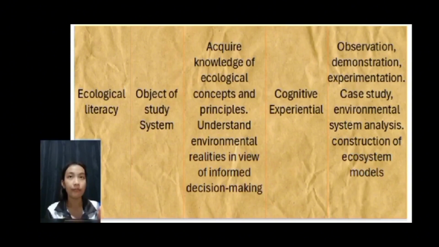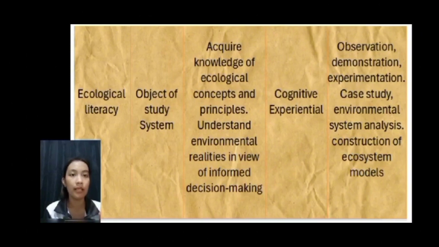And in understanding realities in view of informed decision making, it involves considering the ecological, social, and economic implications of choices. Understanding environmental realities allows individuals to make decisions with broader impact on ecosystems, fostering sustainable practices and contributing to responsible stewardship of the environment.